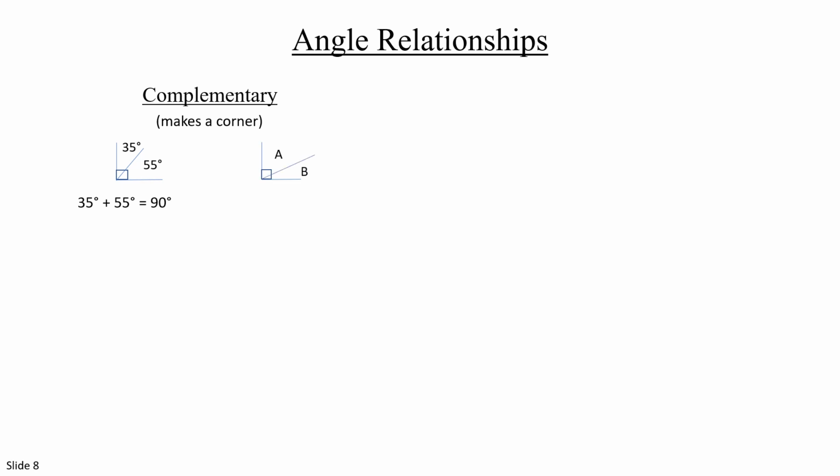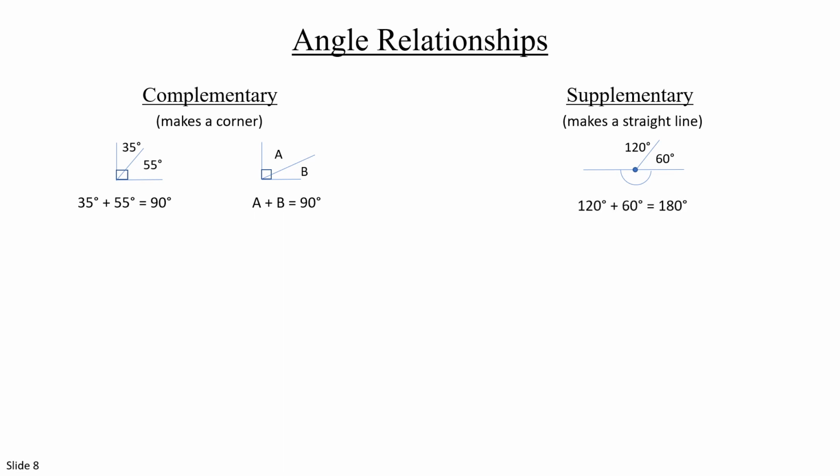So here's one, we split it up into A and B. Well, as long as A plus B equals 90, they're complementary. Supplementary makes a straight line. 120 and 60. They add to 180. That makes them supplementary.